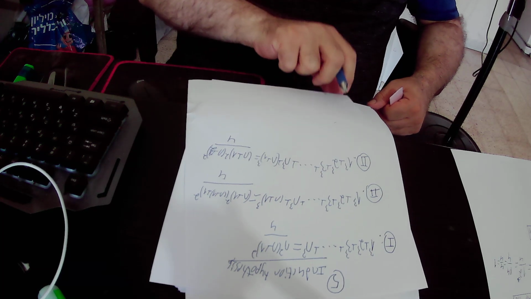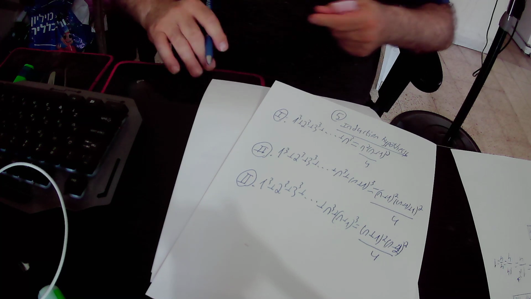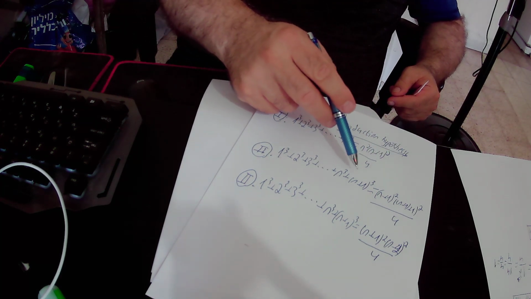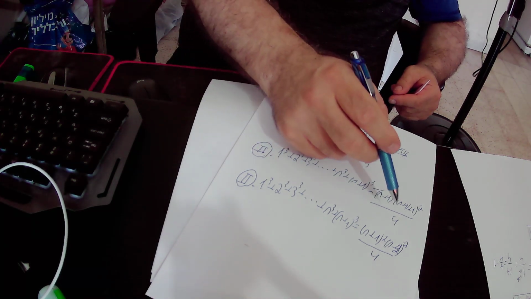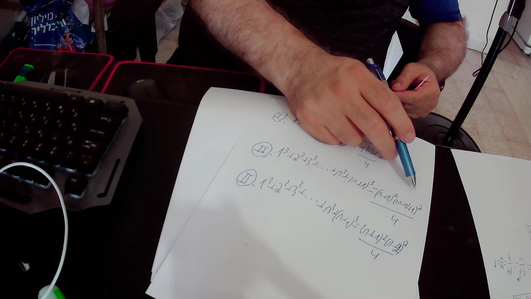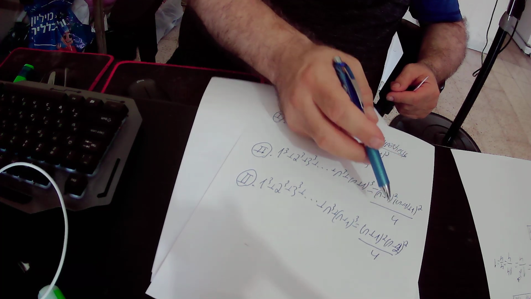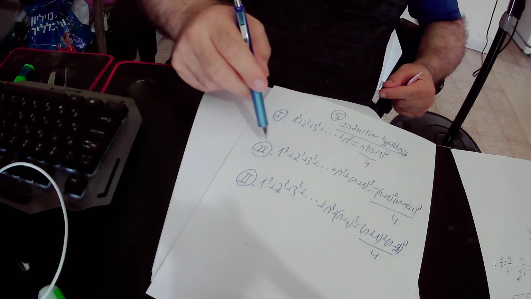Okay, as you can see here, the only change from this row to this row is that instead of n plus 1 plus 1 we wrote n plus 2. All the other things are exactly the same as this row.